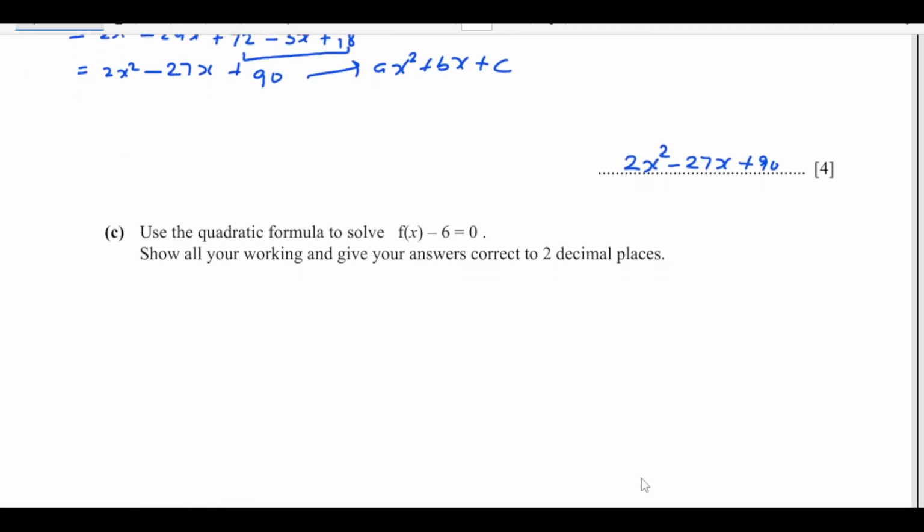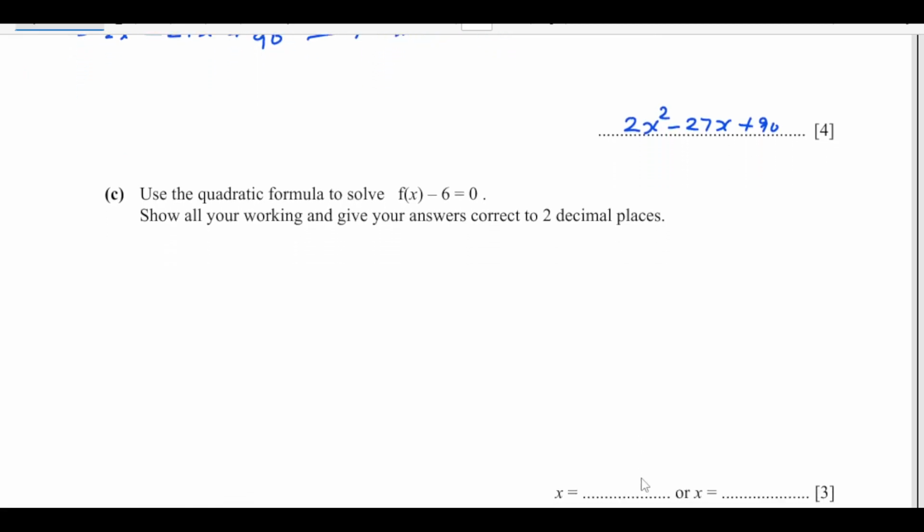Now part C, use the quadratic formula to solve f(x) minus 6 equals 0. Again f(x) is 2x squared minus 3x. So we are looking for f(x) minus 6 equals 0. So 2x squared minus 3x minus 6 equals 0.